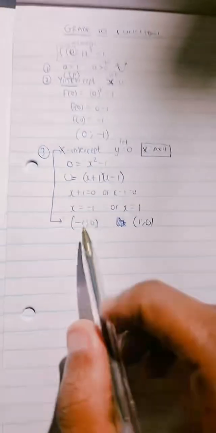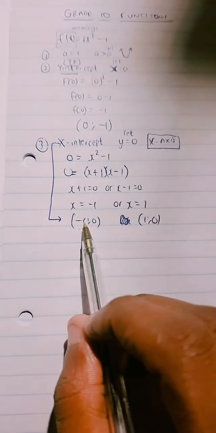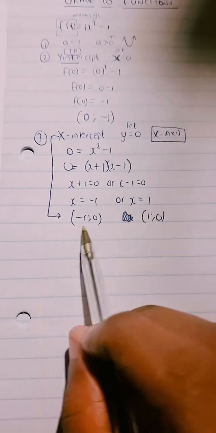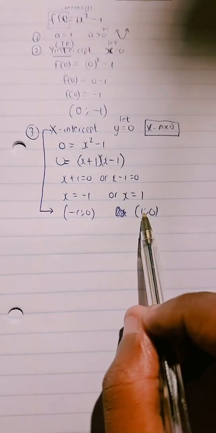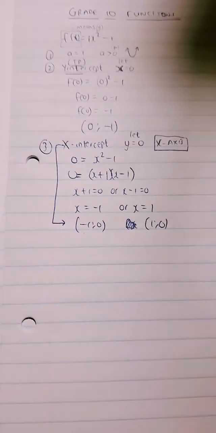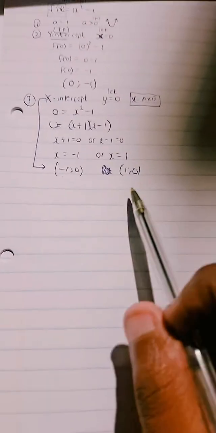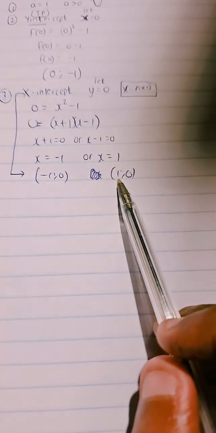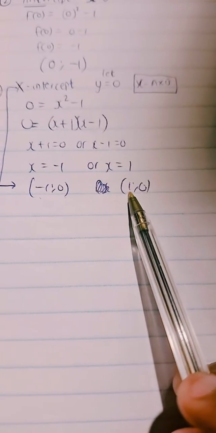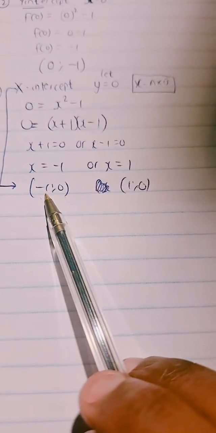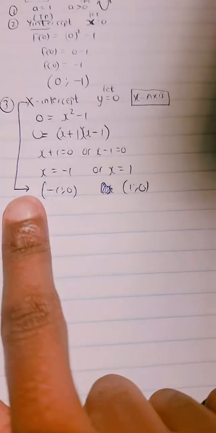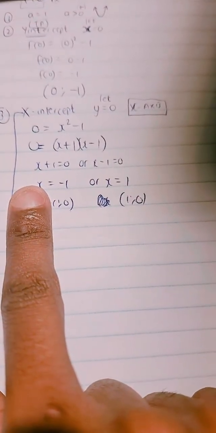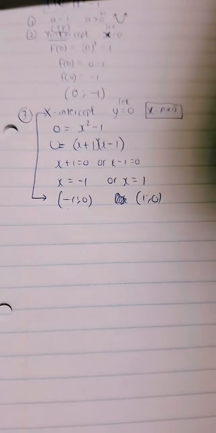We call these two the coordinates of the x-intercept: -1 and 0, 1 and 0. Now what you should notice is that if there are two x-intercepts, one value is positive, the other is negative, but the numbers are the same.